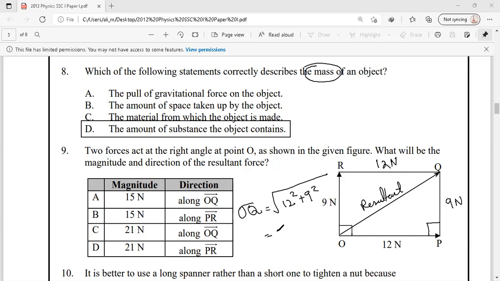So we will get 144 plus 81, that is equal to 225. So the correct answer would be 15 newtons. So the magnitude is 15 and the direction is OQ. According to this, the correct option will be option A.